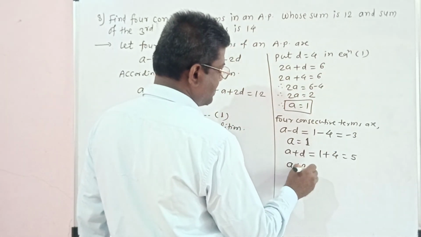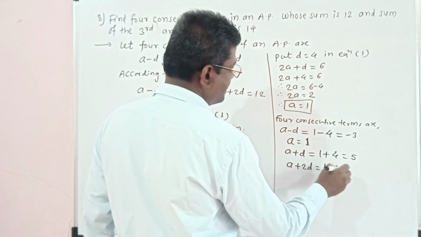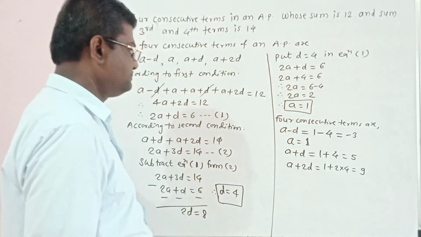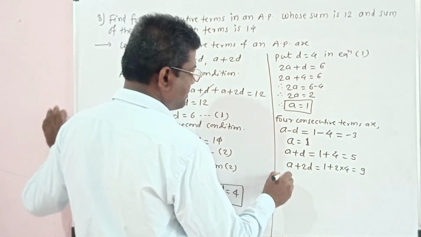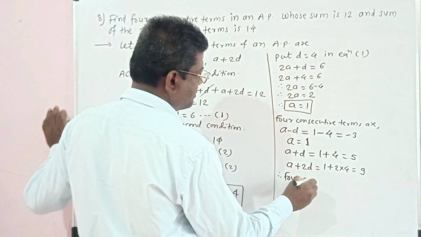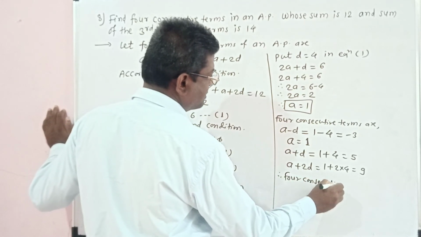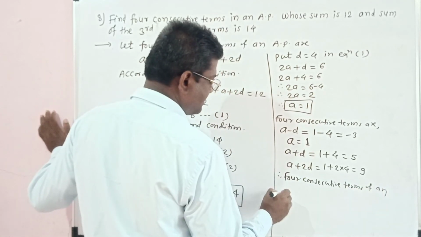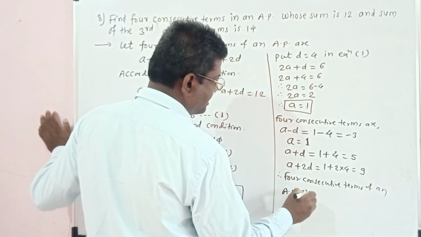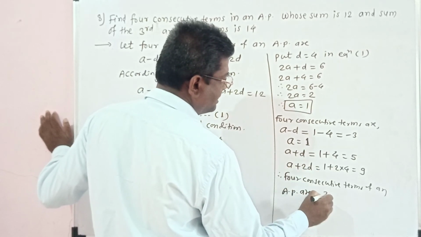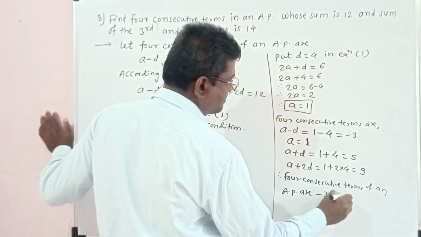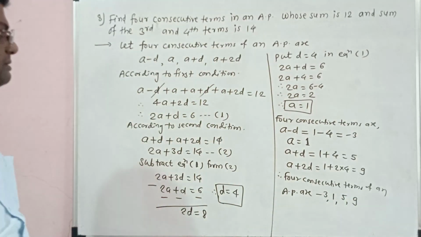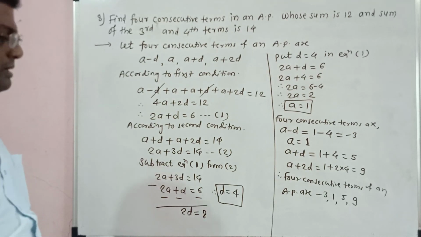And fourth term is A plus 2D. 1 plus 2 into 4 is equal to 9. Therefore, 4 consecutive terms of an AP are minus 3, 1, 5 and 9.